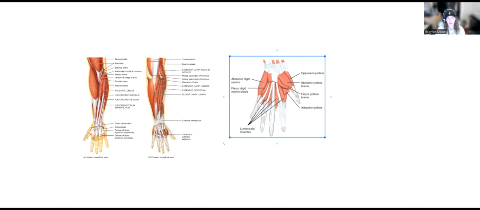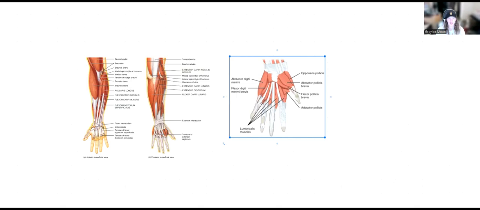And we mentioned the ulnar collateral ligament, UCL, ulnar styloid to the triquetrum and pisiform. So this is not the same as the UCL of the elbow. This is going to be stabilizing the styloid to the triquetrum right here. And we have the radial collateral ligament, the RCL, which is radial styloid to the scaphoid and trapezium.